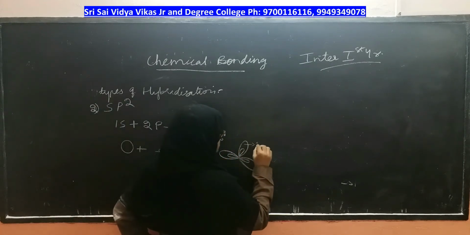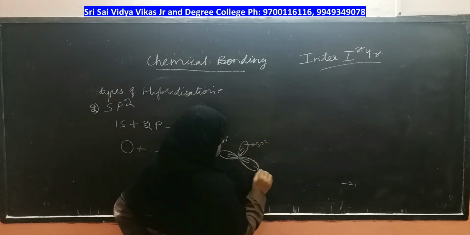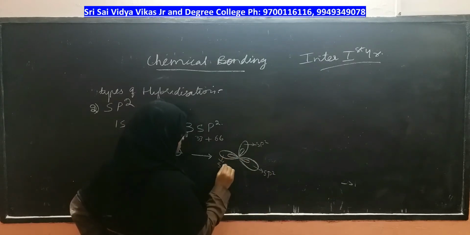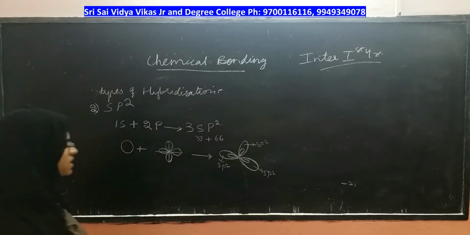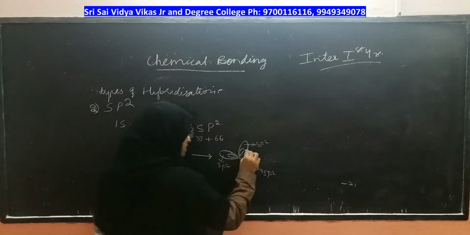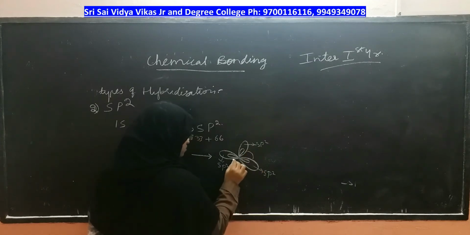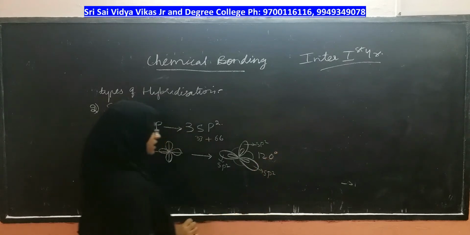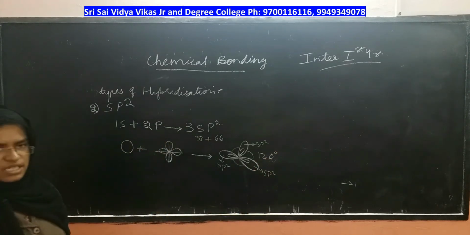This is sp2, this is sp2, this is sp2. Total how many hybridized orbitals did you get? 3. Now you see, what is the angle of separation between these two and these two? 120 degrees, right? So this is sp2 hybridization.